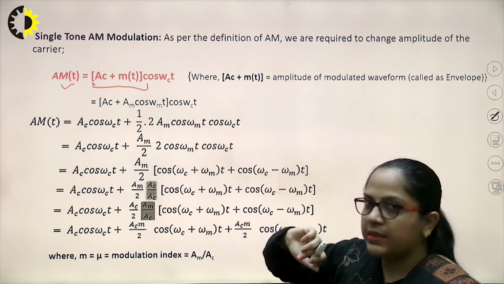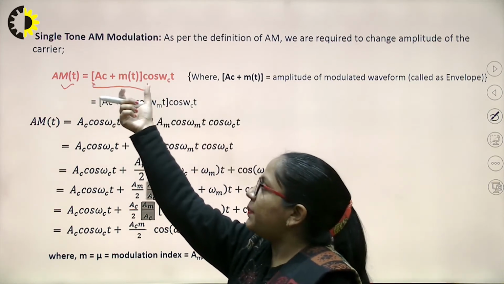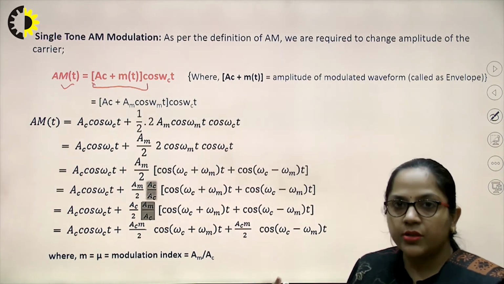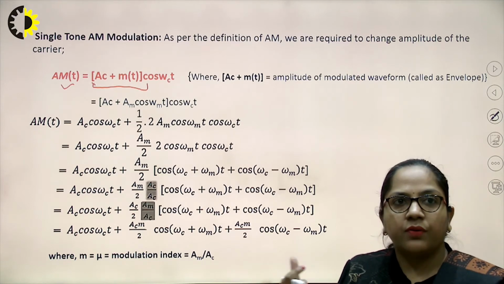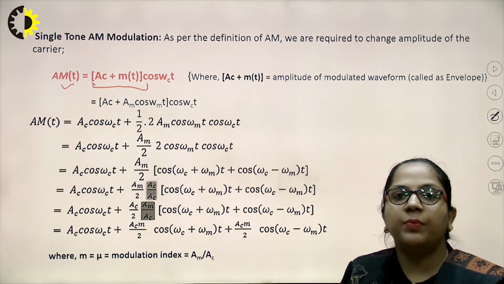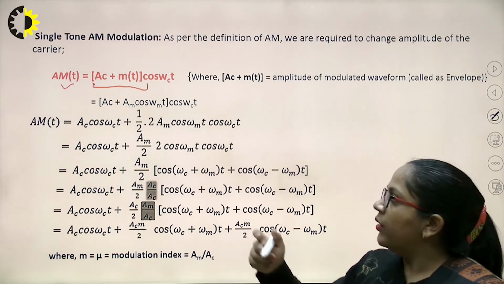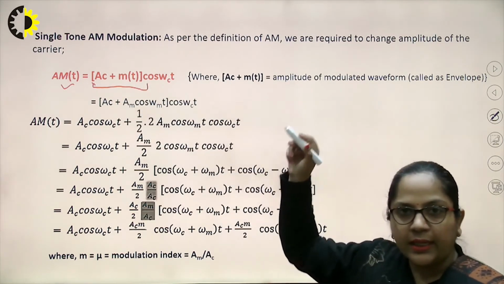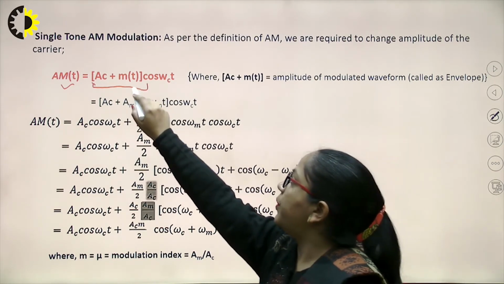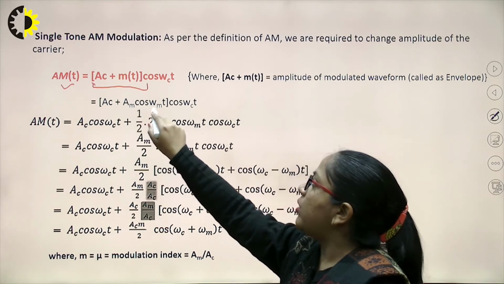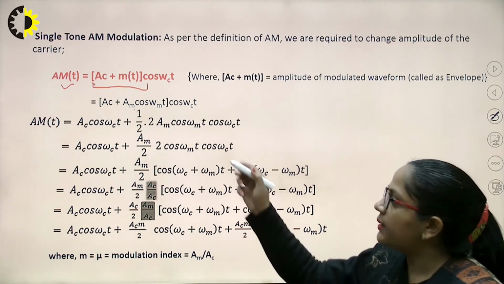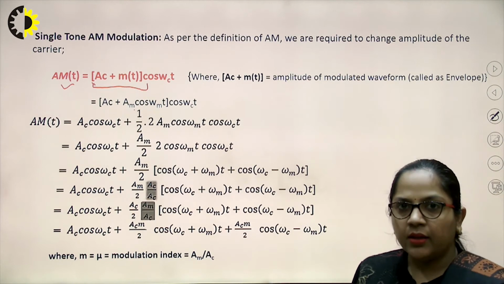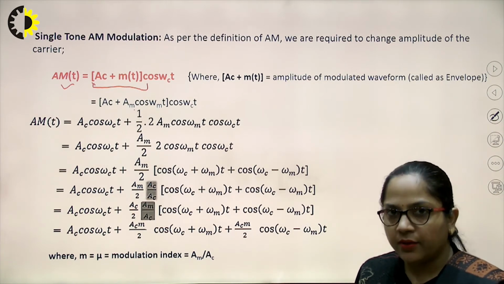This portion, Ac + m(t), the amplitude of the modulated waveform, is also known as the envelope of the carrier or envelope of the modulated waveform. To obtain the single tone AM wave expression, we put m(t) = Am cos ωm t.